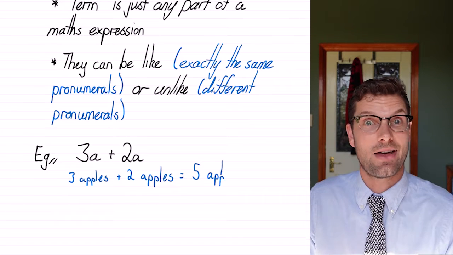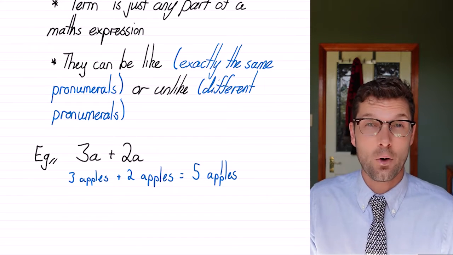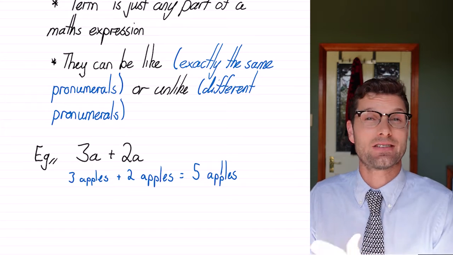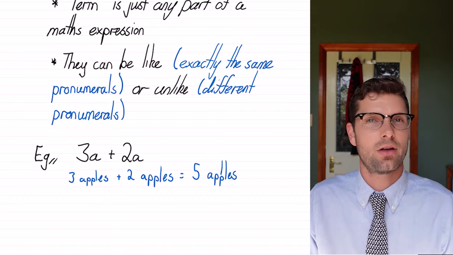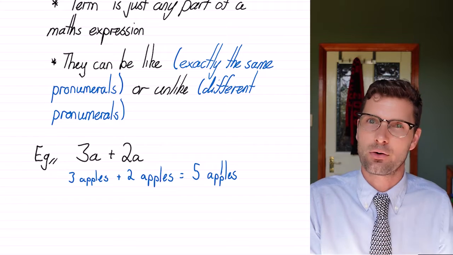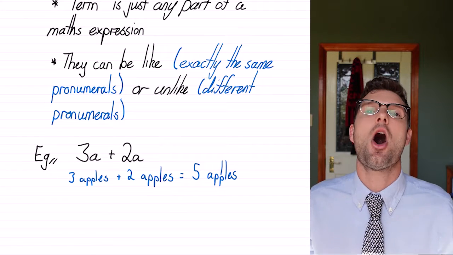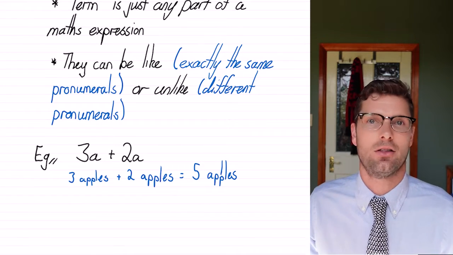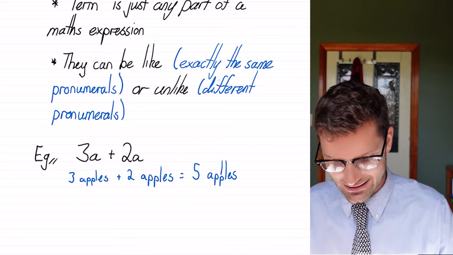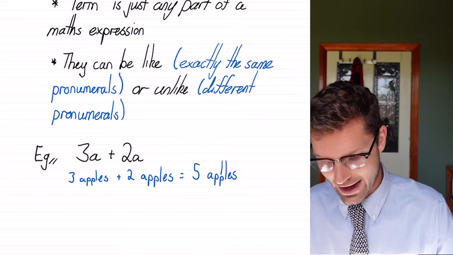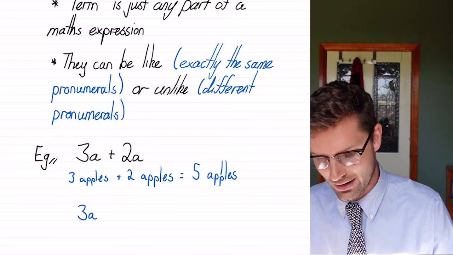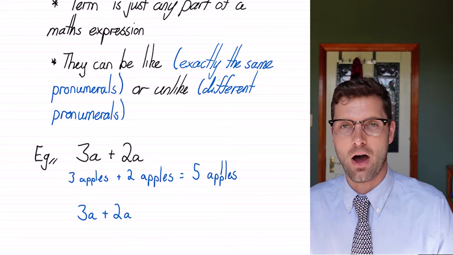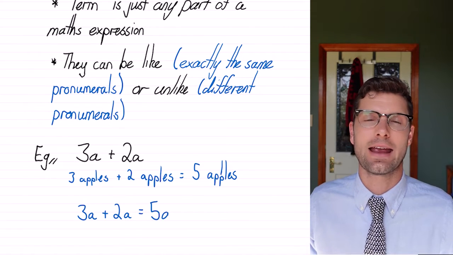This is maths, so that doesn't matter. Because we're talking about the same fruit in both terms, the 3a plus 2a, I can just add those together like normal. So the answer to 3a plus 2a is equal to 5a, and that's all the working out I have to do.